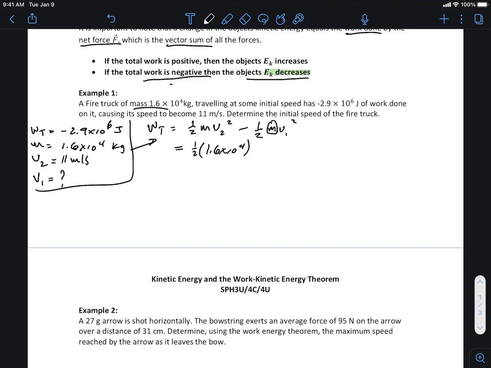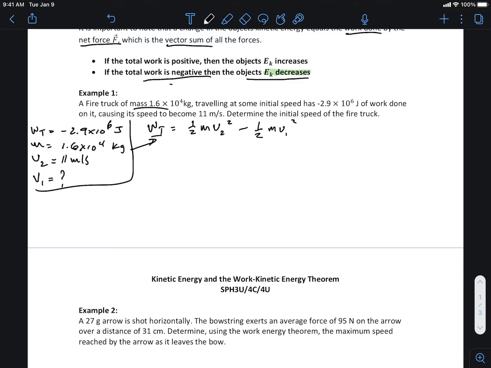I also see the mass here, so this is going to be a real pain to type into your calculator. You can do it, it's just going to take you longer. Maybe instead of typing a 4, you accidentally hit a 3, and your answer's wrong now. So as good practice, as you get more and more experienced in physics, I'm going to push you towards working with these things algebraically.